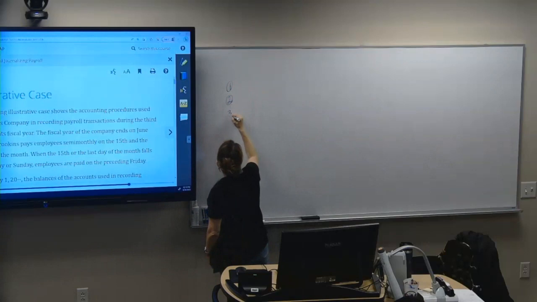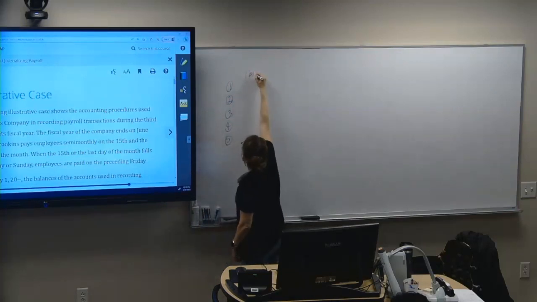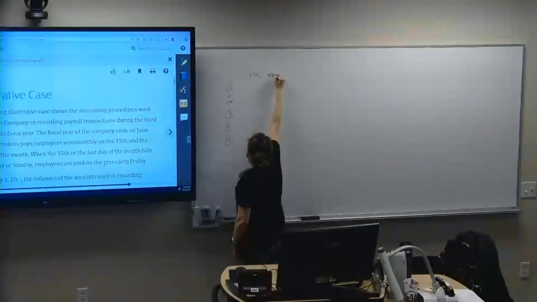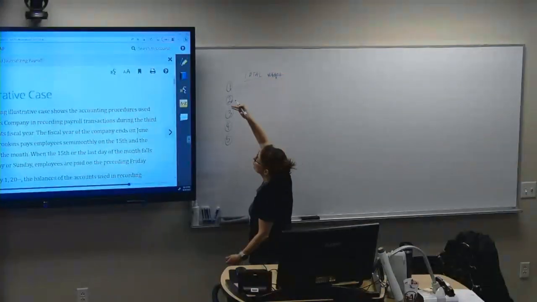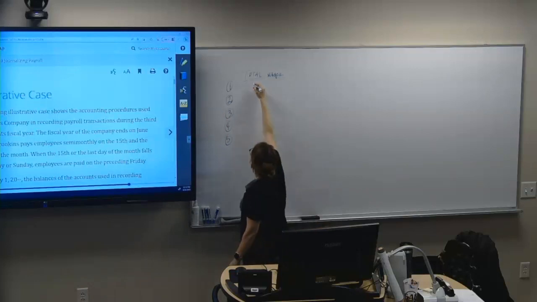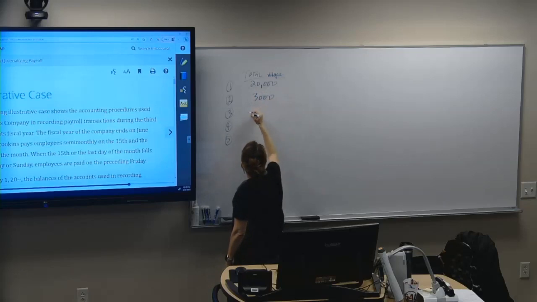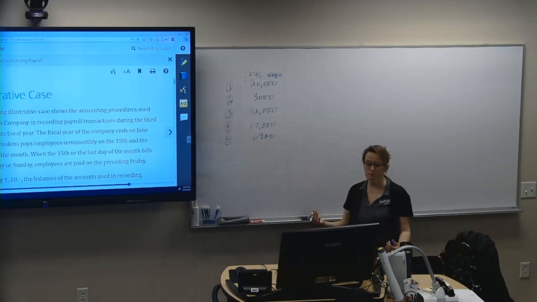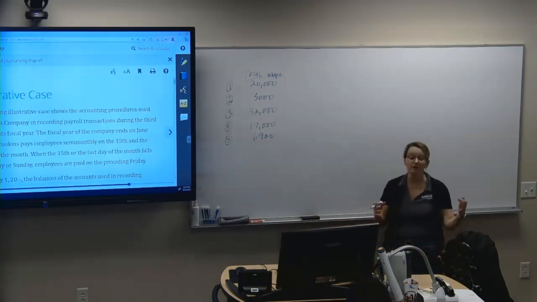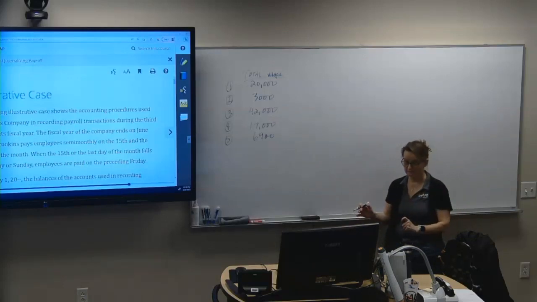Employee 1, 2, 3, 4, and 5. We'll have their total wages here for the whole year. Let's say 20,000, 3,000, 42,000, 17,000, and 6,900. All right, so each of these employees is limited to $7,000, or their wages, whichever is less.